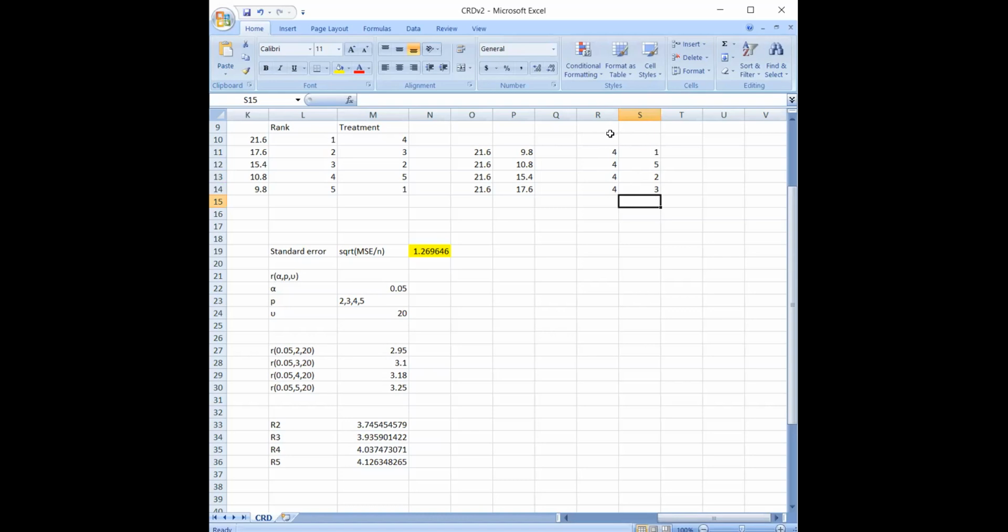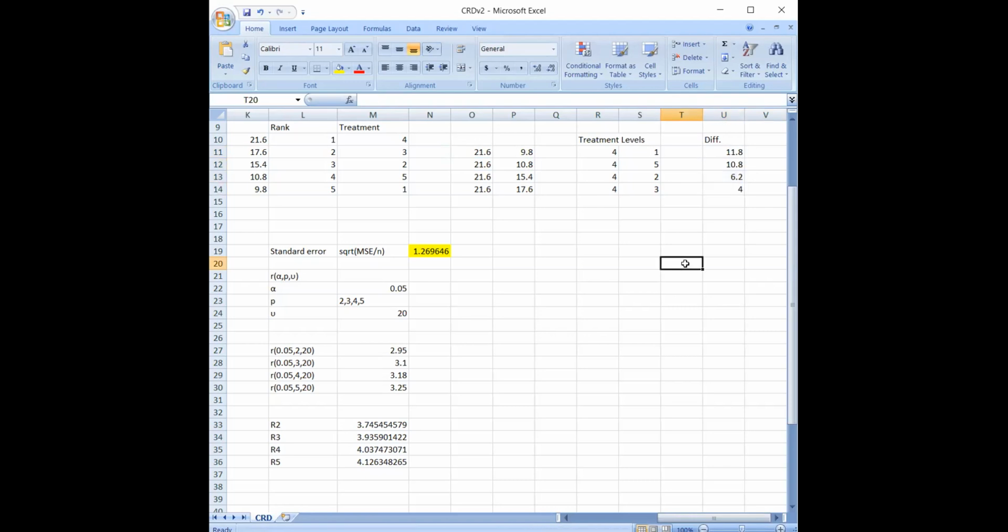These are the treatment levels. Here you have to calculate the difference between these treatment means. You can take 21.6 minus 9.8, and then 21.6 minus 10.8. Likewise, you calculate the difference between these two mean values. So you have the differences like this.